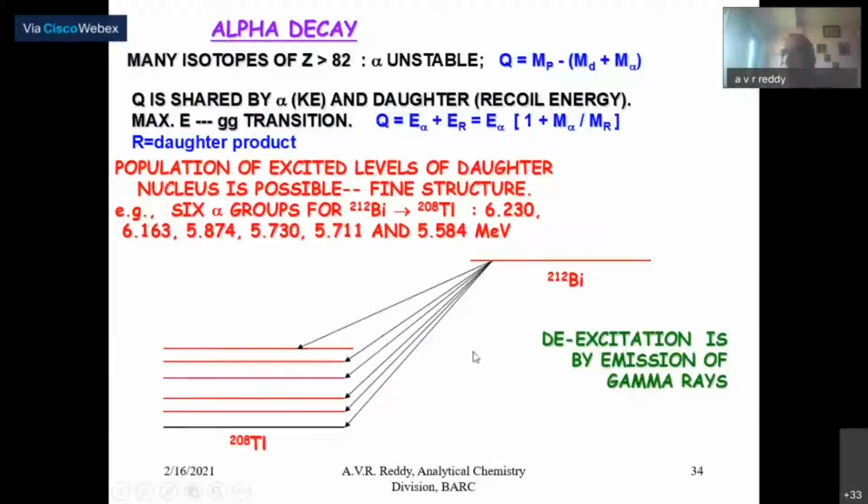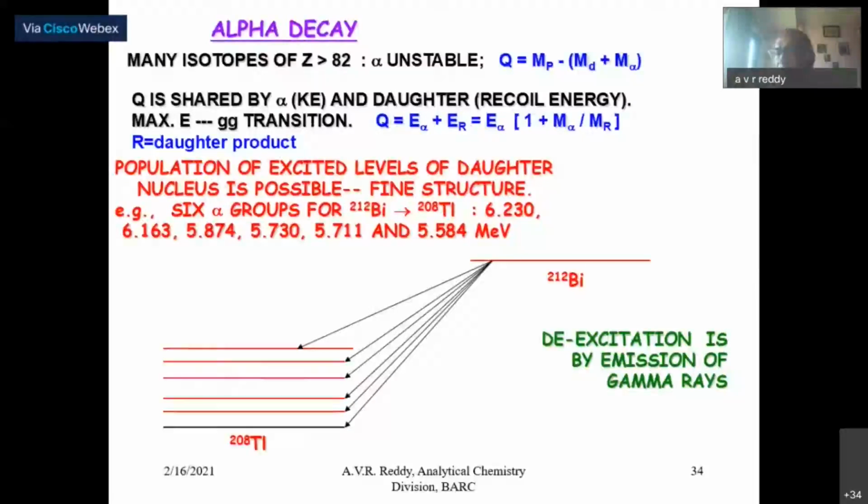Just to summarize this slide, alpha decay takes place when the mass of the parent nucleus is more than the mass of the daughter product and alpha particle. And the difference is the Q value of the decay process, and that energy is shared as the kinetic energy of the alpha particle and recoil energy of the daughter product.